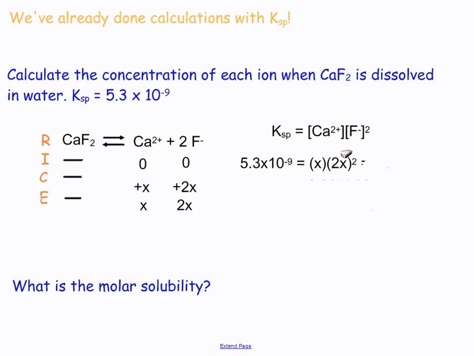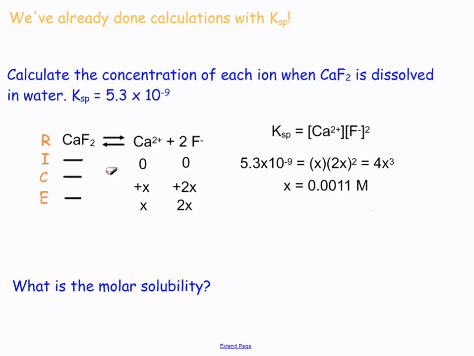And if I simplify this, it becomes 4X cubed. That's much easier to solve than the quadratics we've been solving. Divide both sides by 4 and cube root. And so we have X is 0.011 molar.